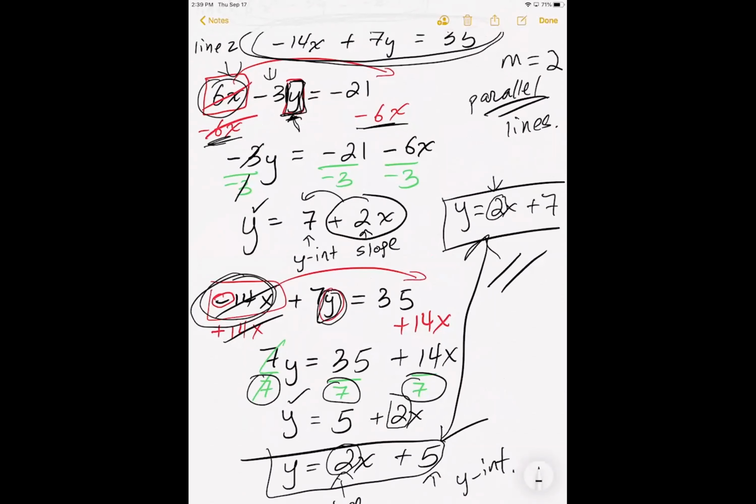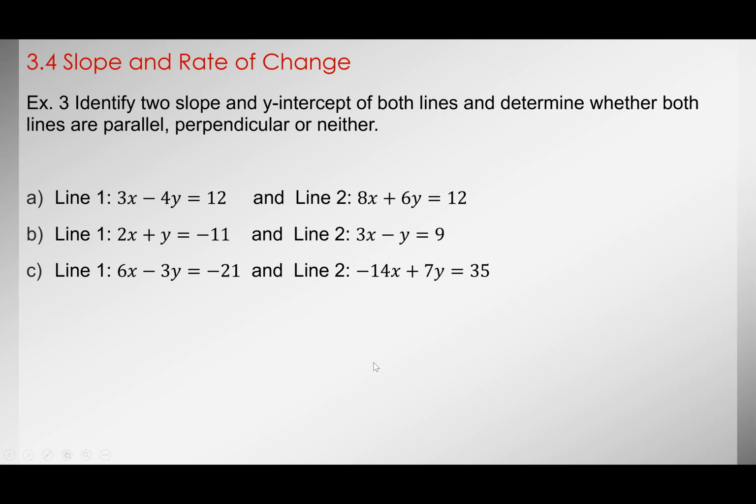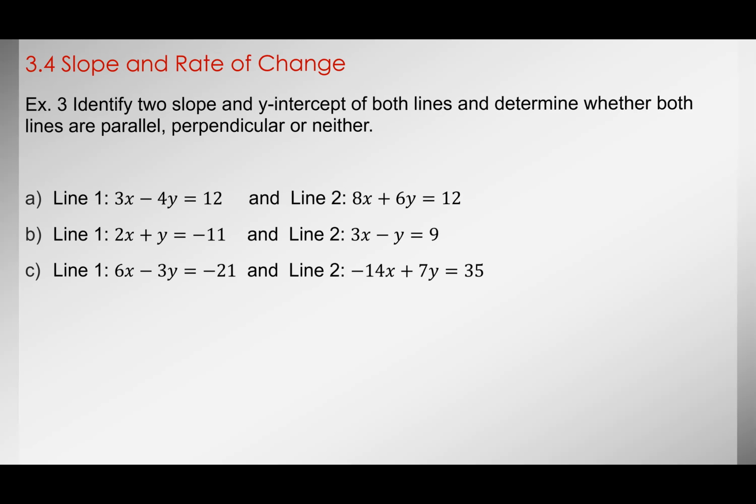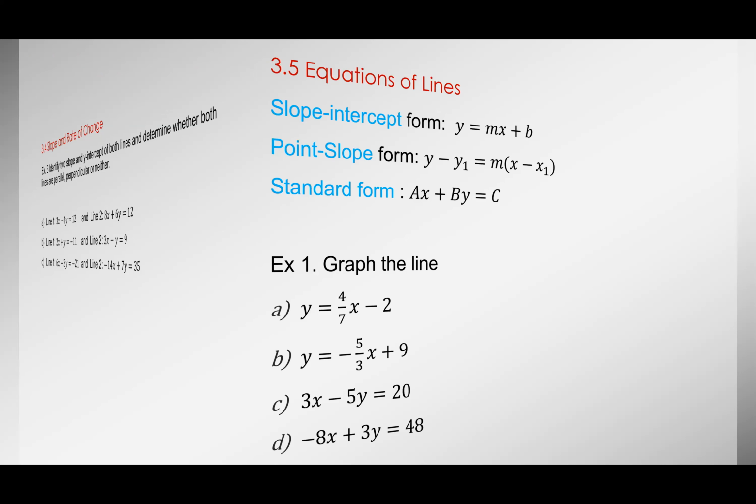All right, let's take a look at this item here, ladies and gentlemen. If you don't have questions about parallel, perpendicular, let's take a look at the easy item, 3.5. Like I mentioned in the beginning of class, someone asked about formula. This is the last formula we have.